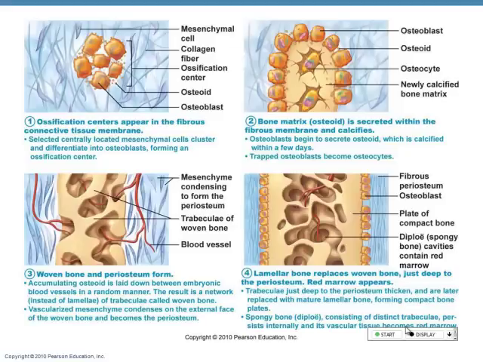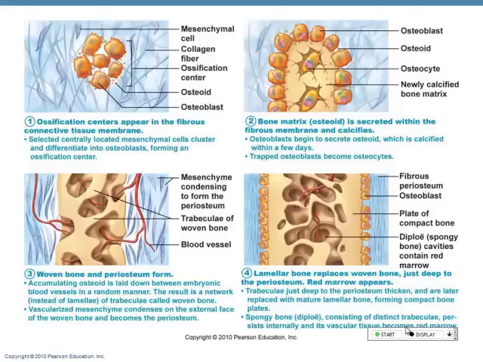From that membrane will arise the next group of cells called osteoblasts. And we know what osteoblasts do for a living, right? They start making bone matrix. So in the beginning, ossification centers will appear in membranes, and that background membrane is called the mesenchyme.